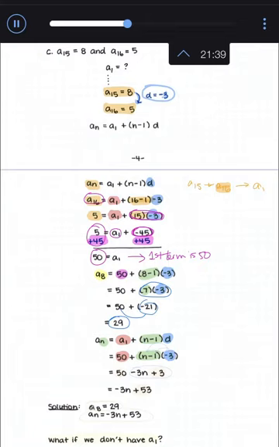Just like before, the only thing you can do mathematically is get rid of those parentheses, which means distribute, and that gets you -3n plus 3. Combine your like terms, the 50 and the plus 3, which is 53. So we end up with two things: a sub 8 equals 29, and a sub n equals -3n plus 53.